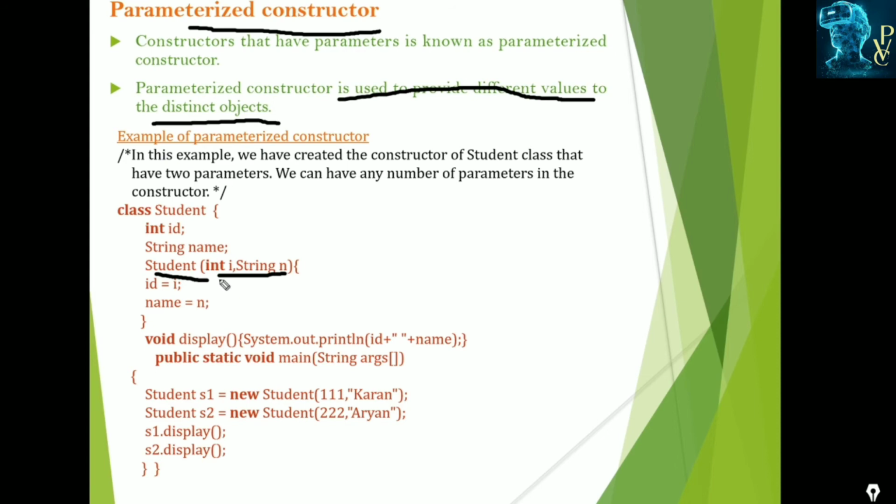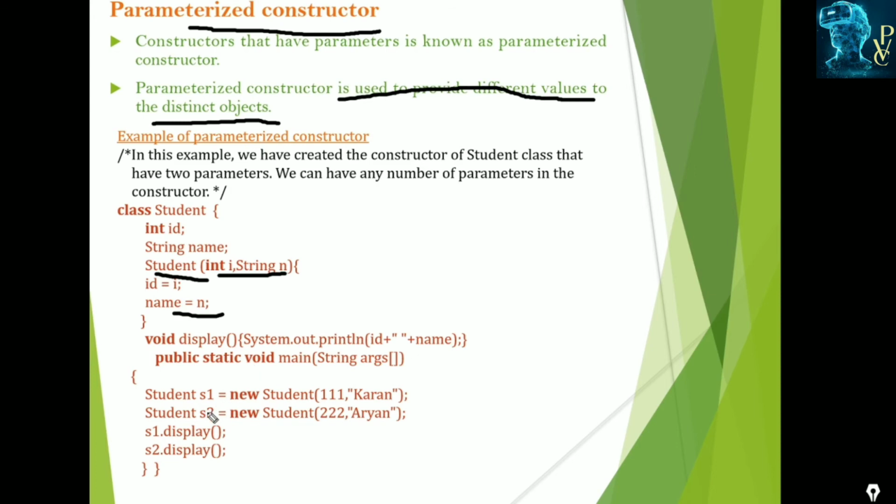The first passed integer value is assigned to the student id, and the next value passed to the constructor, the string, is assigned to the name. Id is equal to i and name is equal to n. And the display method displays the student id and name.